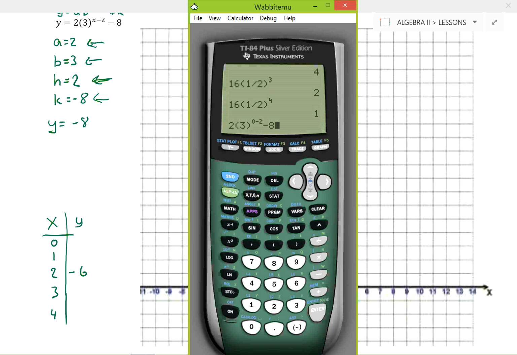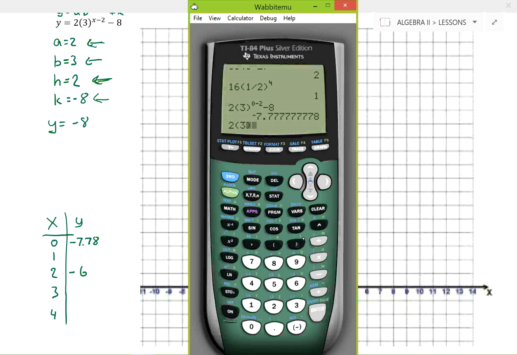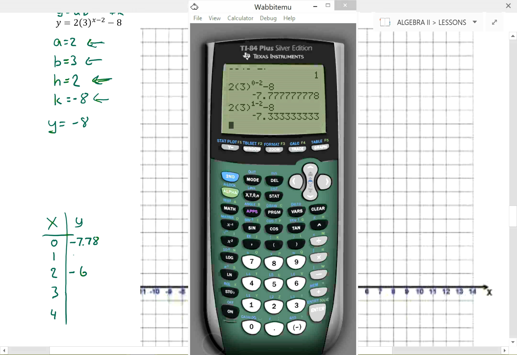So 2 times 3 to the 0 minus 2, minus 8 is equal to negative 7.78, rounded off. Now I'm going to plug in 1. So that's 2 times 3 to the power of 1 minus 2, and then minus 8. That's going to give me a negative 7.33.